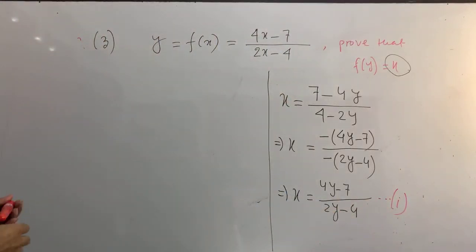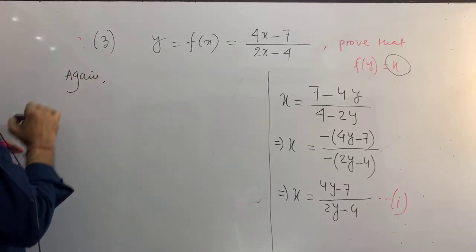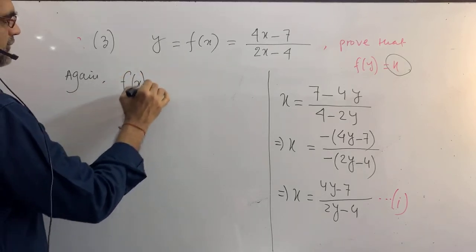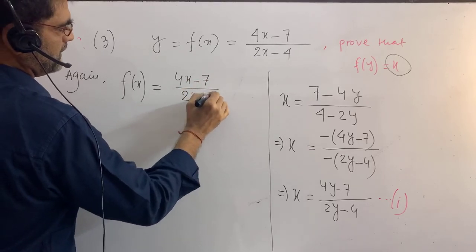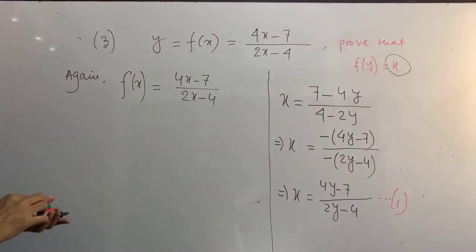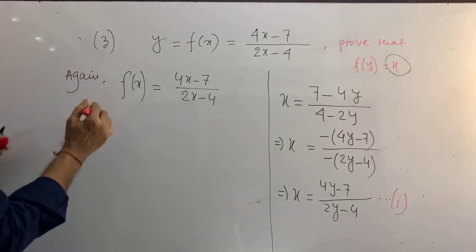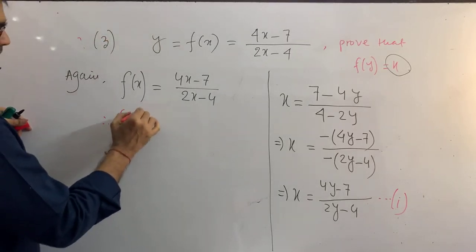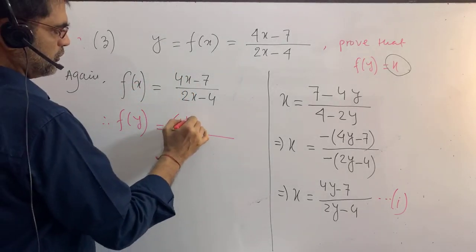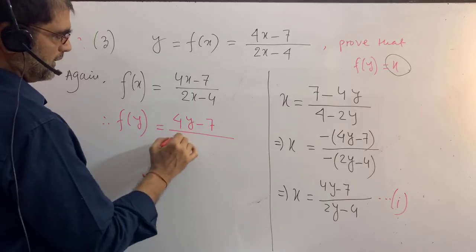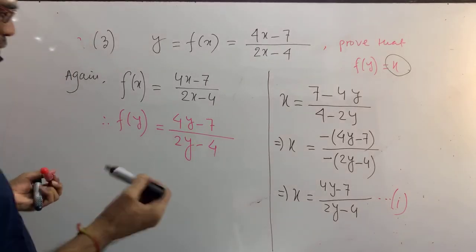Now again write down f(x) is equal to (4x minus 7) by (2x minus 4). Now what is told here in this question? f of y. Therefore we can write down f(y) is equal to, for x we have to put y, (4y minus 7) by (2y minus 4), and we mark it as equation 2.